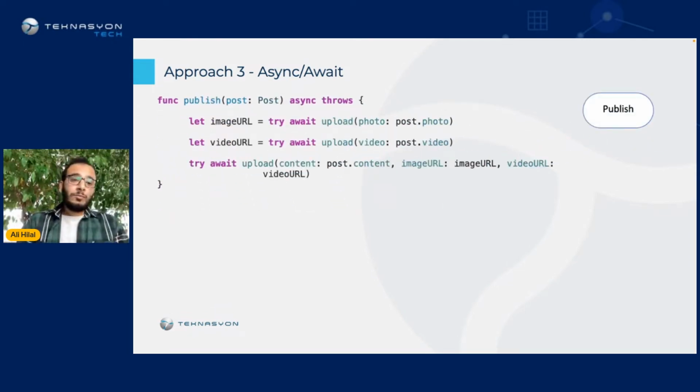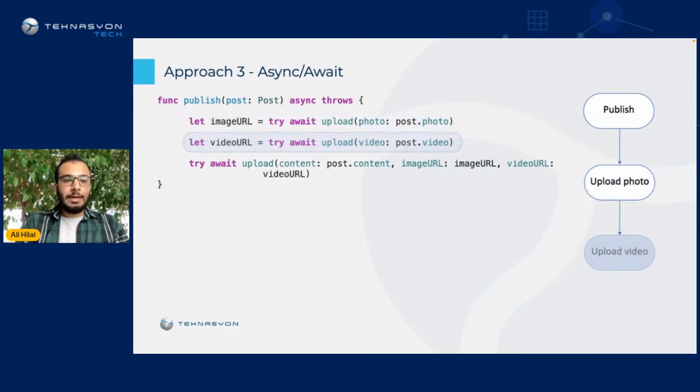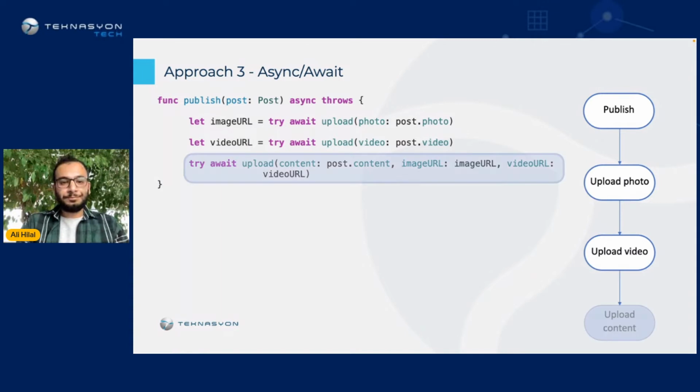And this is our final publish post method. Here we await upload image. Then after we get a result back, we await uploading video and finally publish the post. Operations that need to be performed in sequence are listed one after another.